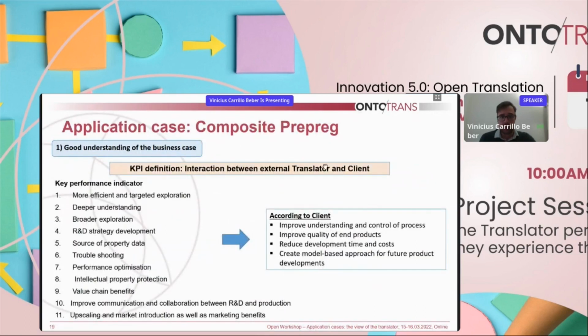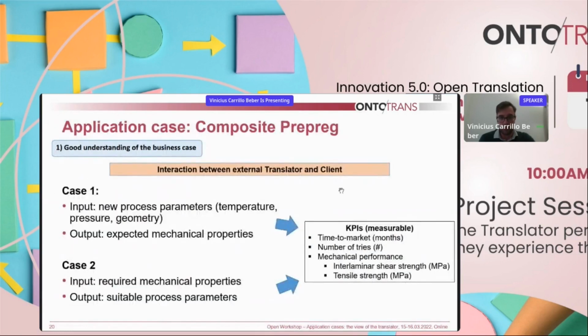And then the KPI definition is usually an interaction between the external translator and the client. There is, for instance, a large list of potential KPIs. According to the client, the idea was to improve understanding and control of the process, improve quality of end products, reduce development time and costs, and create a model-based approach for future product developments.